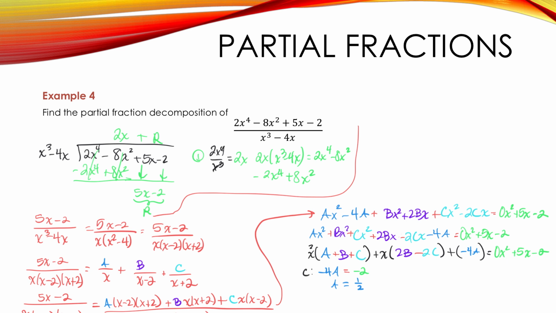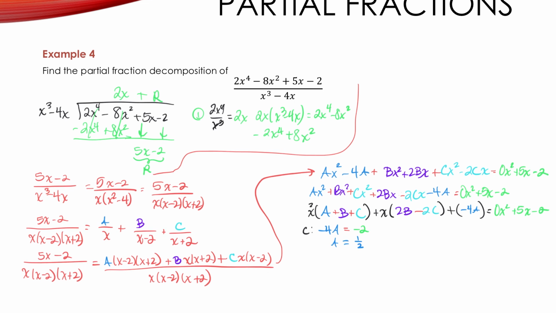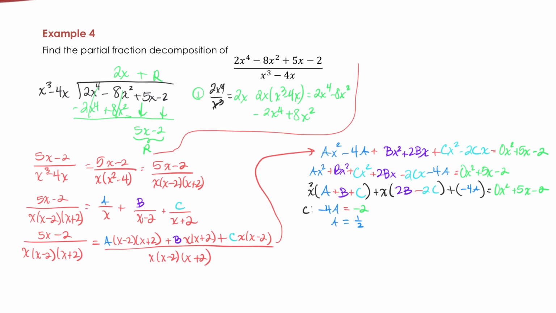Wait, can we have fractions in a fraction? The answer is yes. Now let's look at our x's, because those are only in terms of b and c. But now that we know what a is, we also have a way to get around this b and c in our x squareds. So we'll need a little more space, but we'll figure this one out.